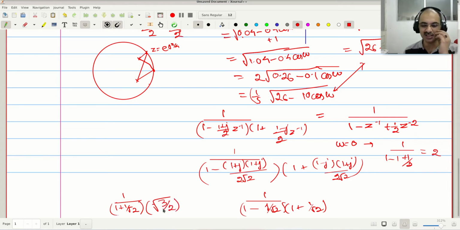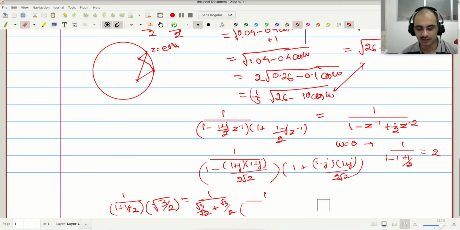Now the question is whether this number is more or less than 2. That is something we can calculate very easily. This is going to be 1 by root 3 upon root 2 plus root 3 upon 2, so the magnitude is going to be 1 upon root 3 upon root 2, 1 plus 1 by root 2.